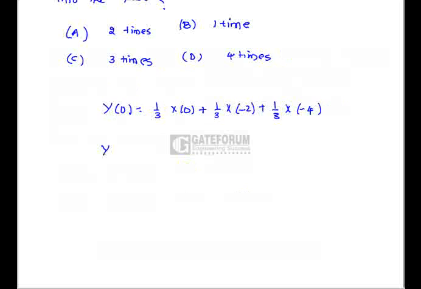Similarly, y of 4 equals 1 by 3 x of 4 plus 1 by 3 x of 2 plus 1 by 3 x of 0. That means the output at the 4th instant depends not only on the input at that particular instant, but also requires the x of 0 sample, meaning 4 samples beyond that one. Hence it requires 4 times memory of the past samples. Hence option D is correct.